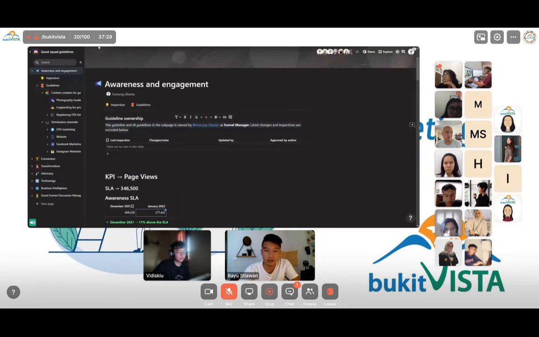If there's any guideline that needs to be changed, you can write this down. For example, on this first entry, probably there are no changes, everything is still relevant. Or maybe next week you or someone changes something, they can write down what they changed, updated by whom, and then it needs to be approved by you as the owner of this guideline.